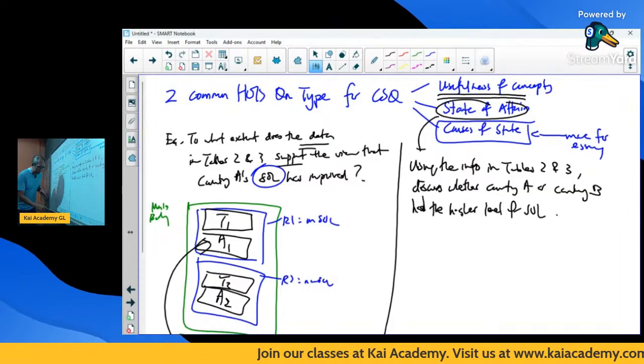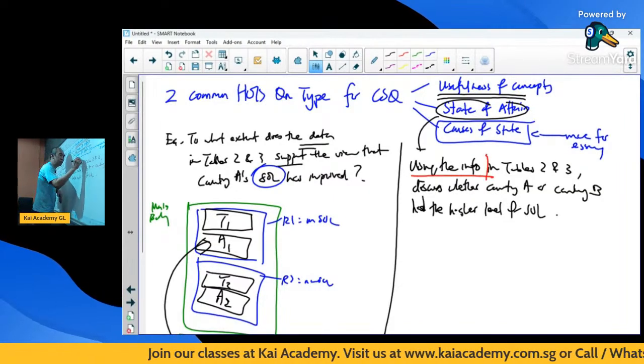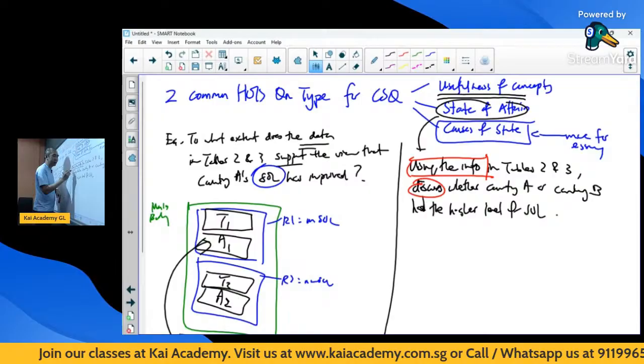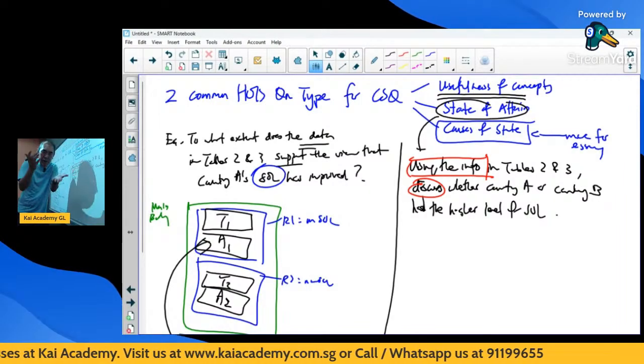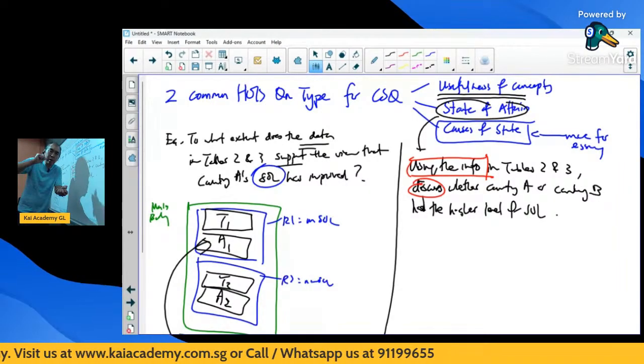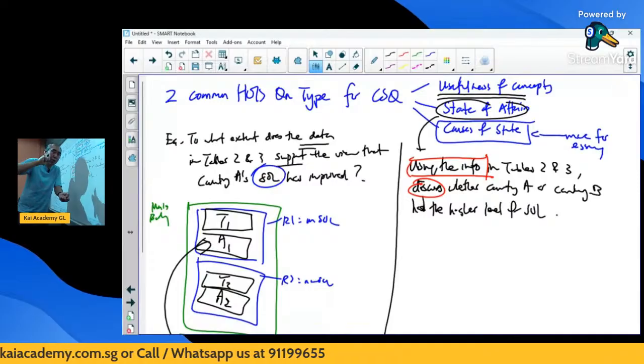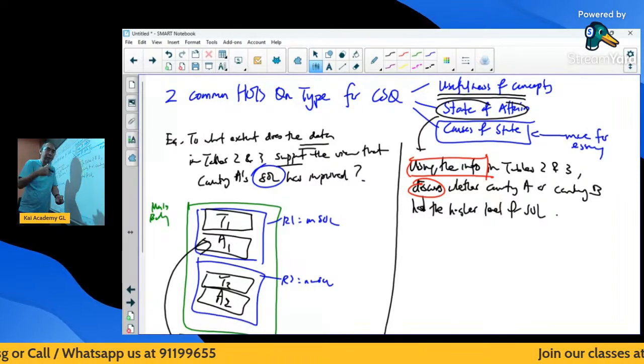So the key phrase in this is using the info, discuss. Your action is to discuss who has the higher standard of living. The info is what supports your discussion. So you're not discussing the data, whether the data is good or no good.